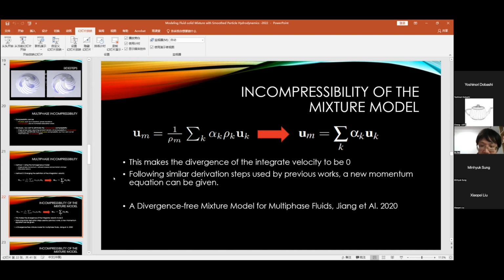It's based on the divergence-free or constant density assumptions of single phase fluid simulation. The two works I introduced in this talk are for multiple phases, and we extend the theory, or the framework, to multiple phases.